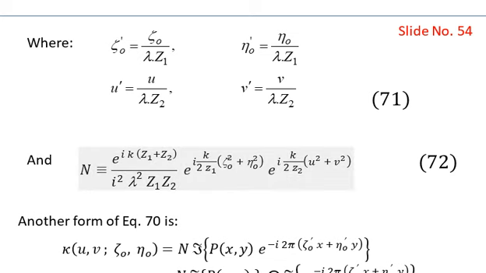One is related to the input object, so e to the power iota k over 2 z1 into (zeta naught square plus eta naught square), and the other is the quadratic phase term related to the output plane, so we have e to the power iota k over 2 z2 multiplied by (u square plus v square), as in equations number 71 and 72 respectively. We have defined all these scaled variables.